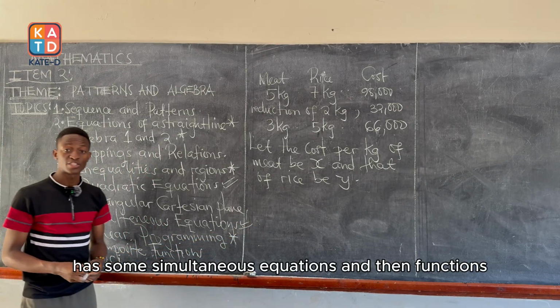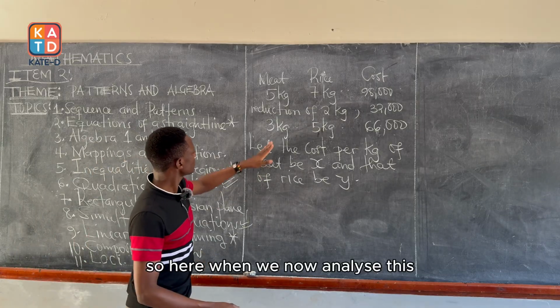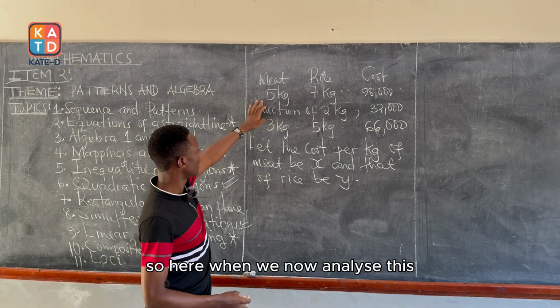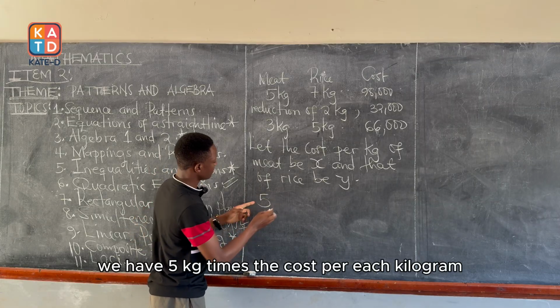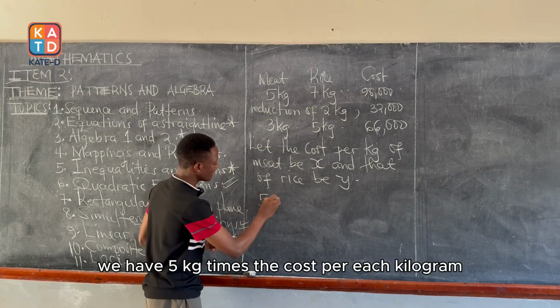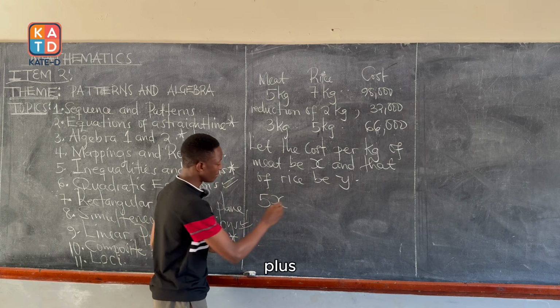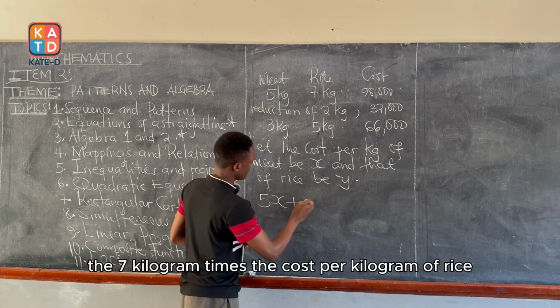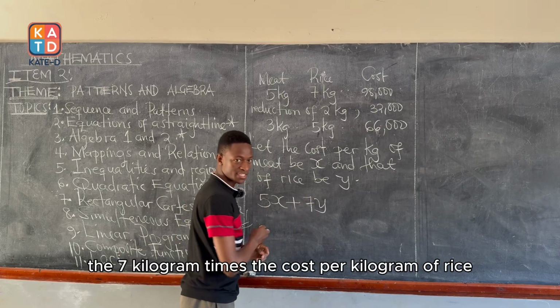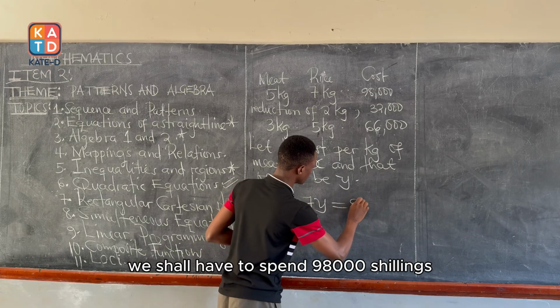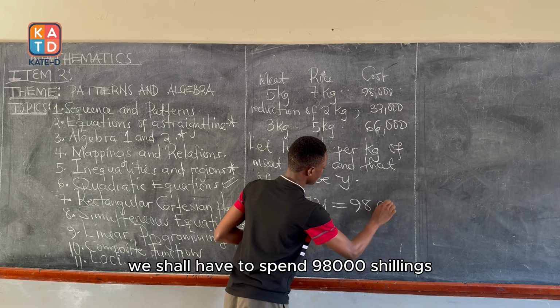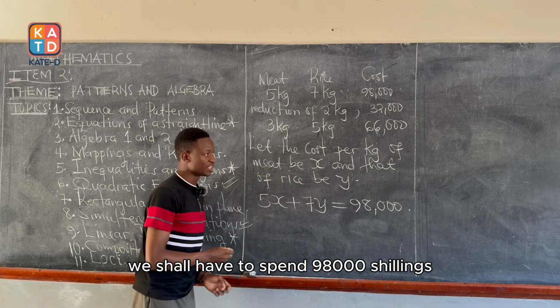And then functions. So here when we now analyze this, it means that if at all we have 5 kilograms times the cost per each kilogram plus the 7 kilograms times the cost per each kilogram of rice, we shall have to spend 98,000 shillings.